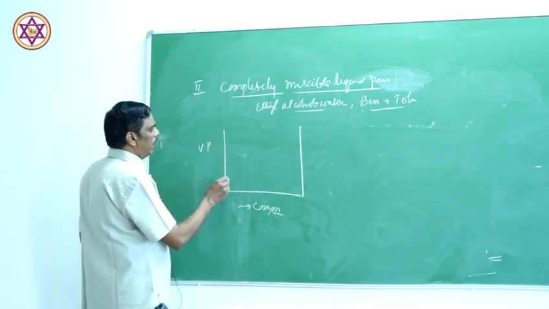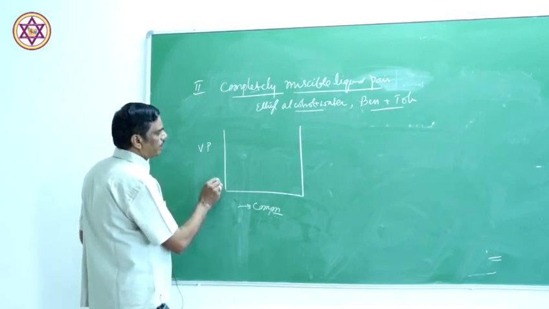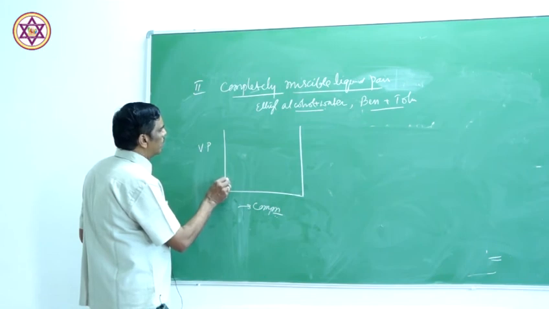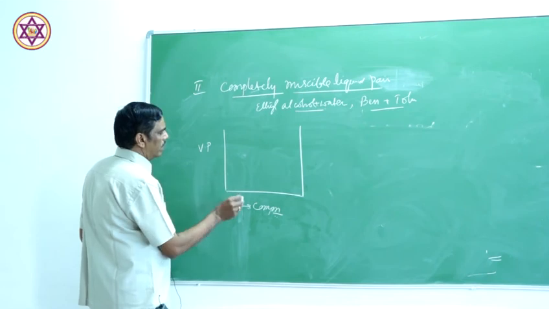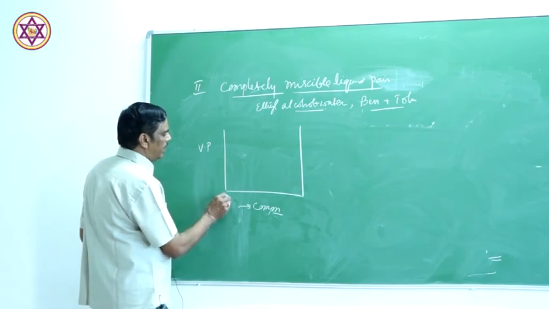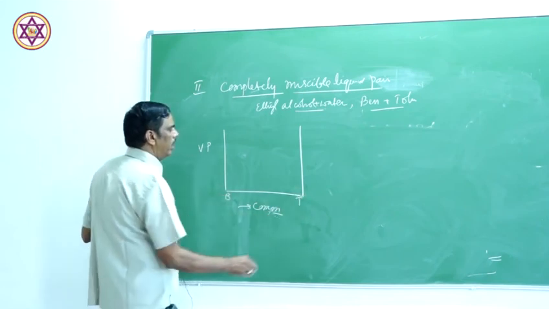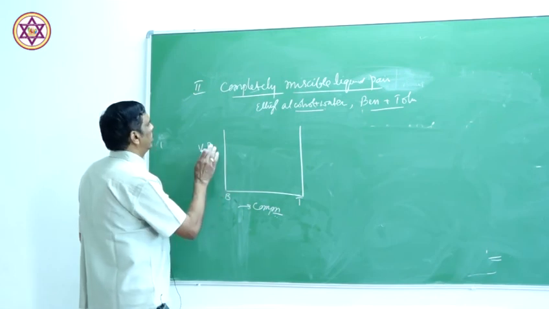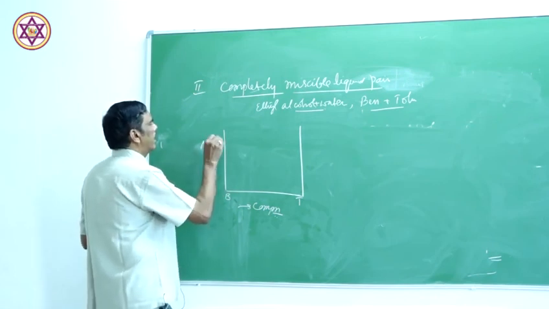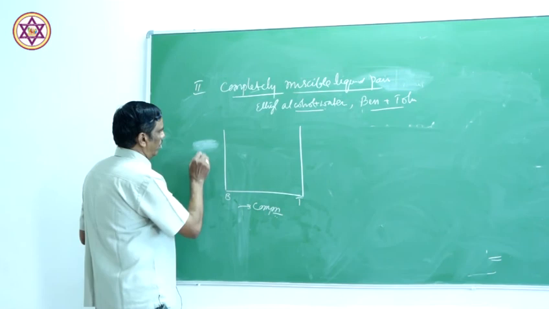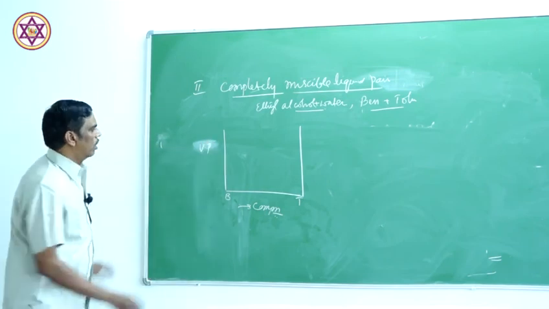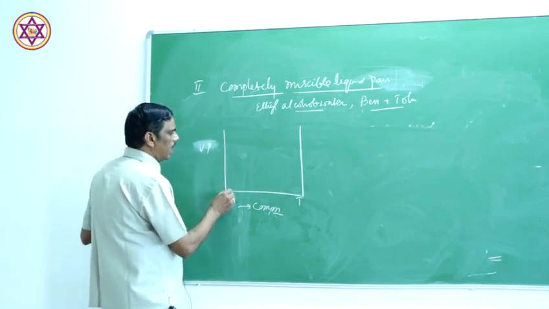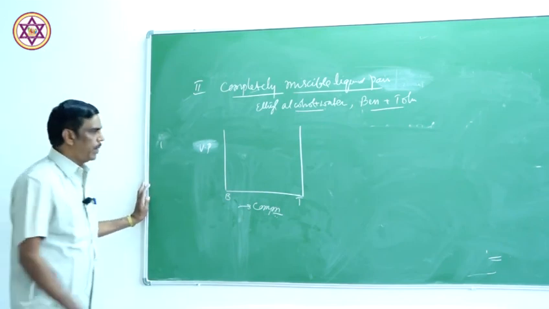as the vapor pressure increases, the percentage composition also increases. For example, if you take benzene and toluene, benzene has got lower vapor pressure when compared to toluene.